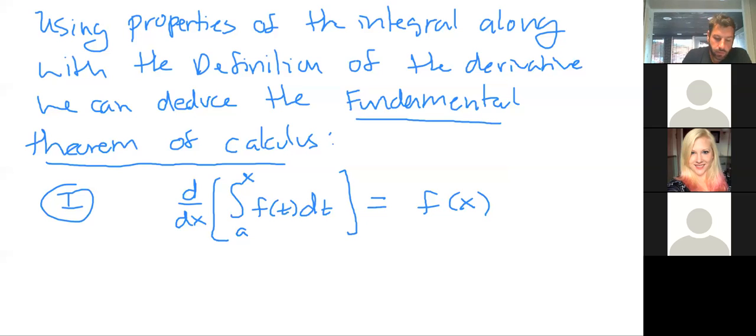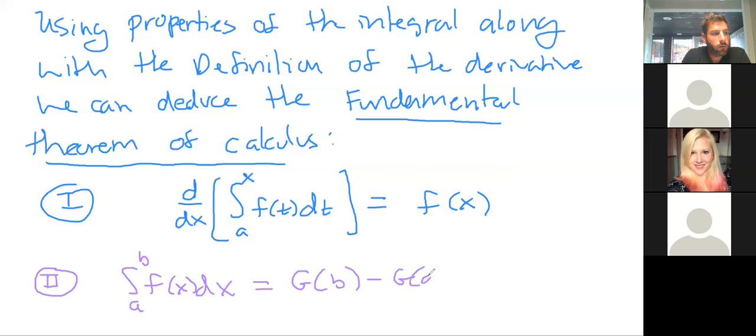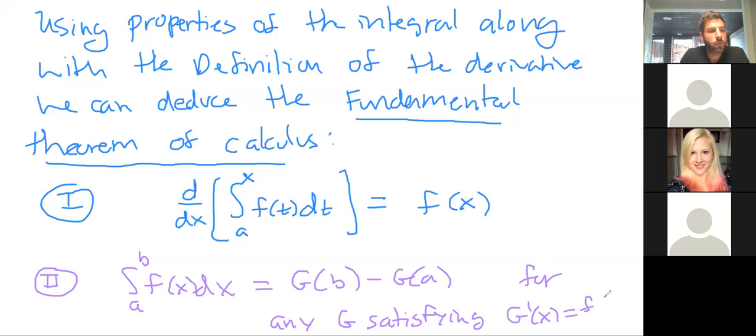And then the second piece is the one that you will use more often in calculus 1 and 2. But it says that if you want to compute this thing, f of x dx, then it comes down to simple arithmetic, provided g is related to f, for any g satisfying g prime of x equals f.